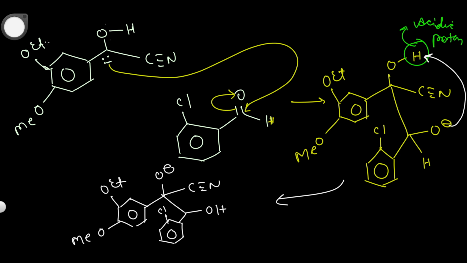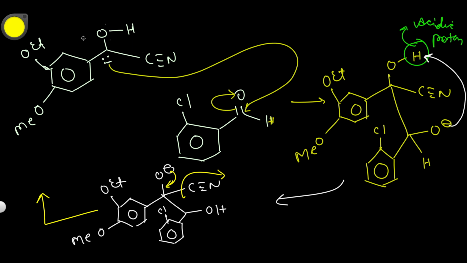We already know that we have taken the NaCN, the CN as a catalyst, and the catalyst has to be regenerated, and that's why the O minus charge will come back, and this CN minus will be regenerated as a catalyst, and then you will get the product. Okay, so you get the product.